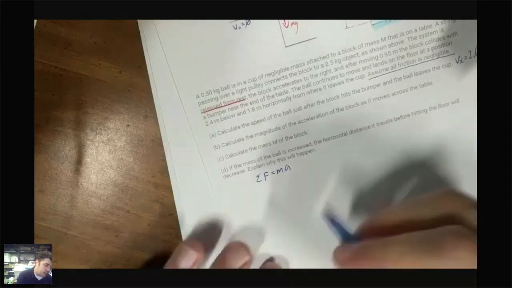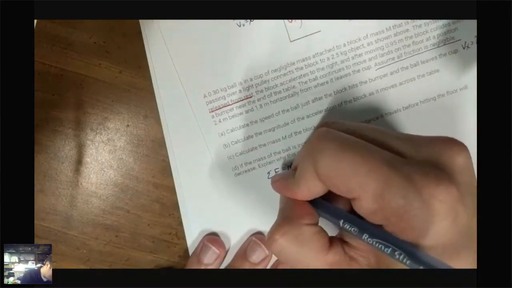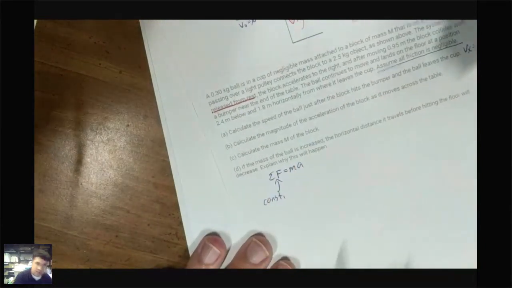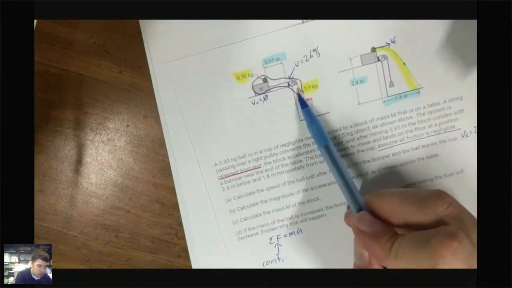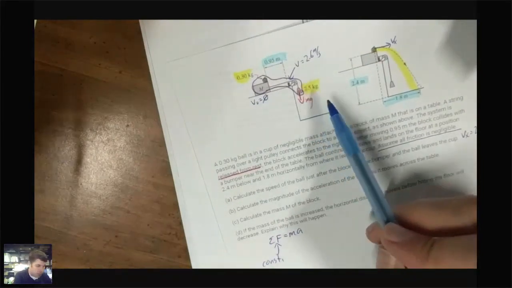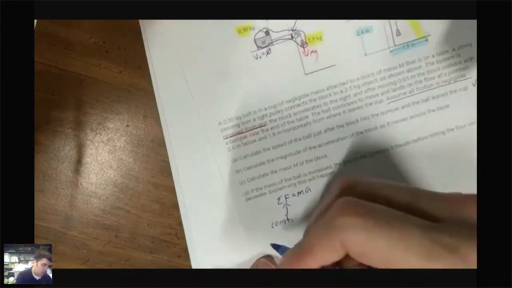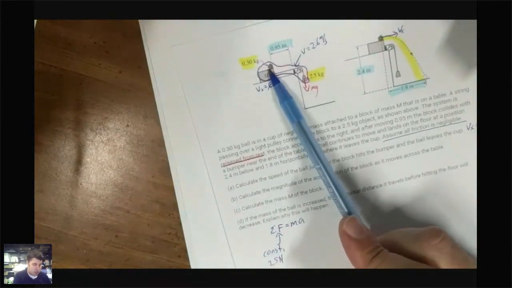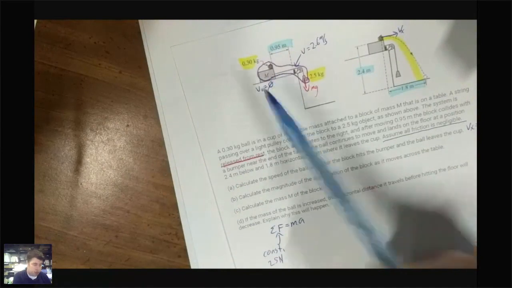So in this case, we have F equals ma. The force here is a constant. It is always going to be 25 newtons, or 2.5 kilograms times g, unless we change that. So this is a constant 25 newtons, not changing as the block or as the ball changes.